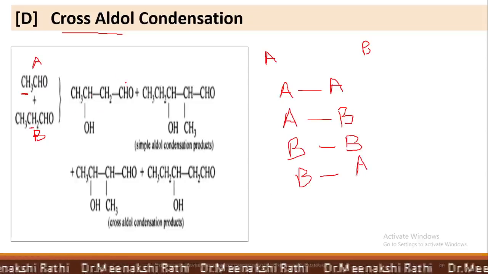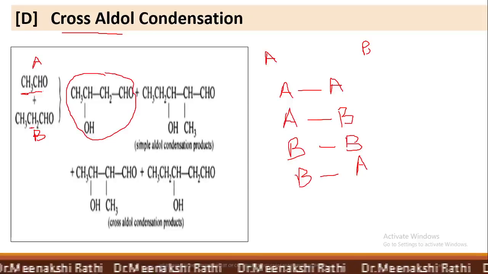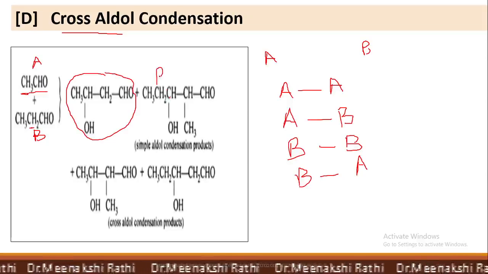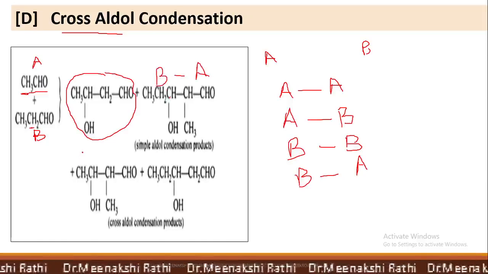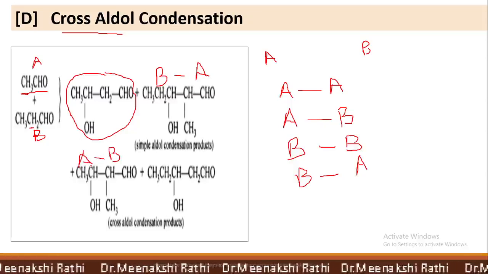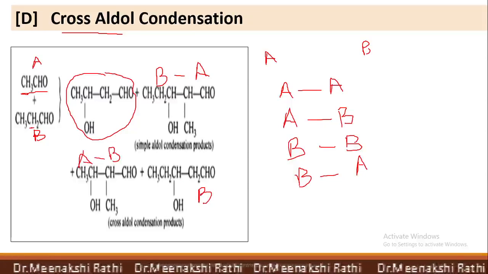Here, this is the condensation product of 2 molecules of acetaldehyde. It is BA product, that means propanaldehyde and acetaldehyde. This is AB product, that is acetaldehyde combines with propanaldehyde, and this is BB product.